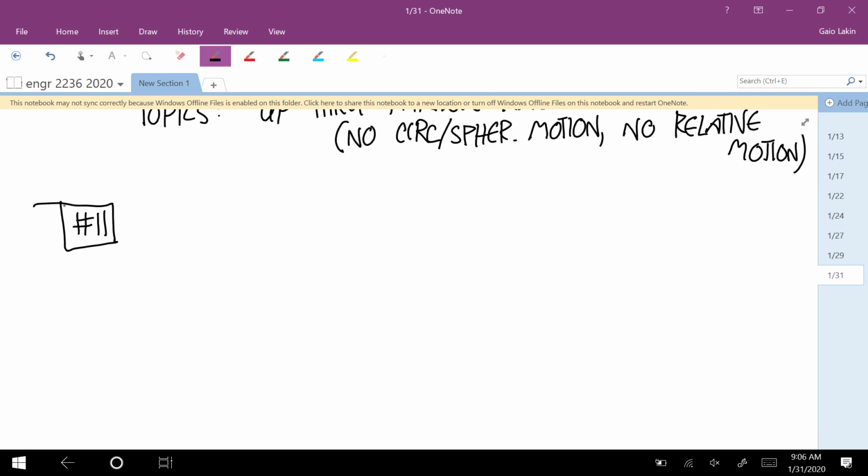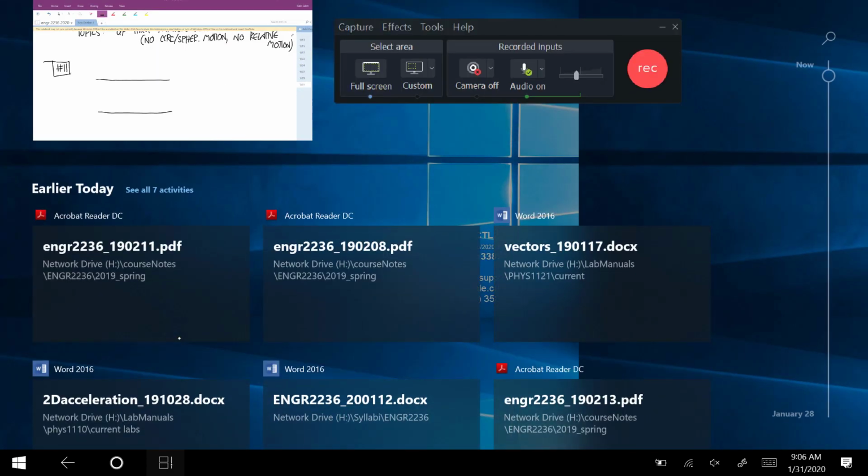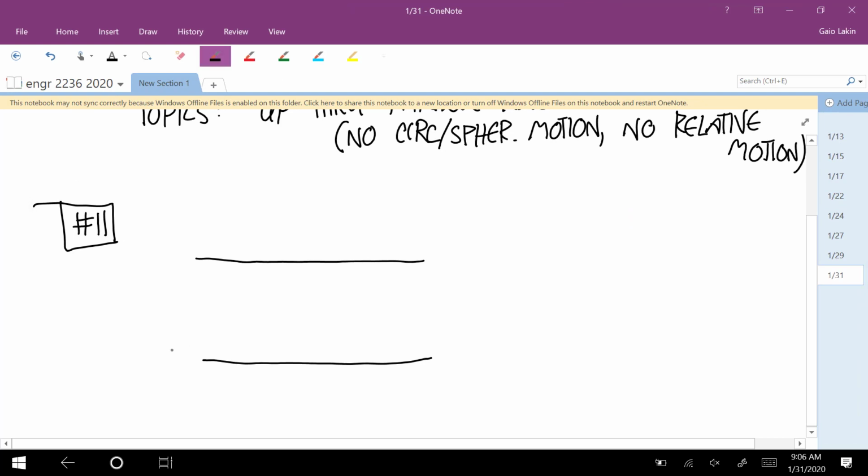Okay. So let's see. Here's the river. The width of the river is 0.15 miles, and the river current is 8 miles per hour.